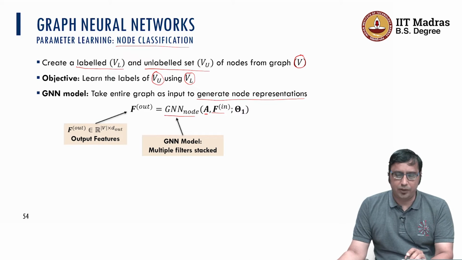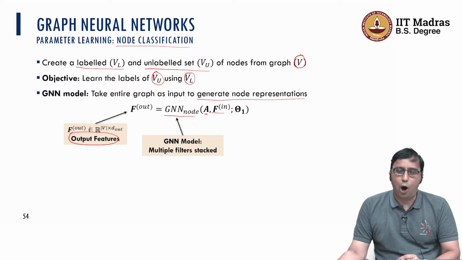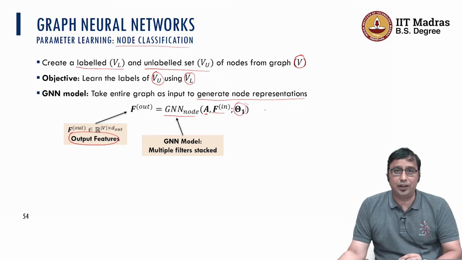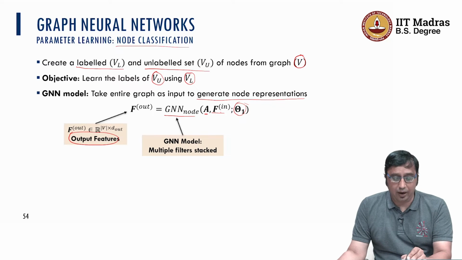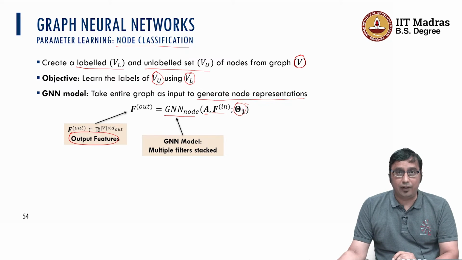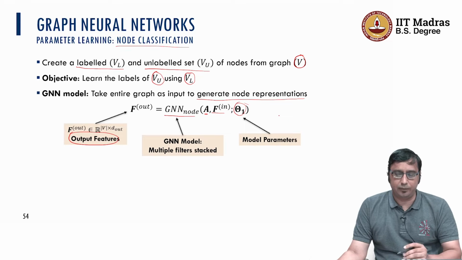Given these two inputs and this parameter, we are interested in learning the output features. Here, what we are interested in learning, given the output features and these two, theta1, or even more importantly, Fin and some label data, we want to learn theta1, which is a model parameter.